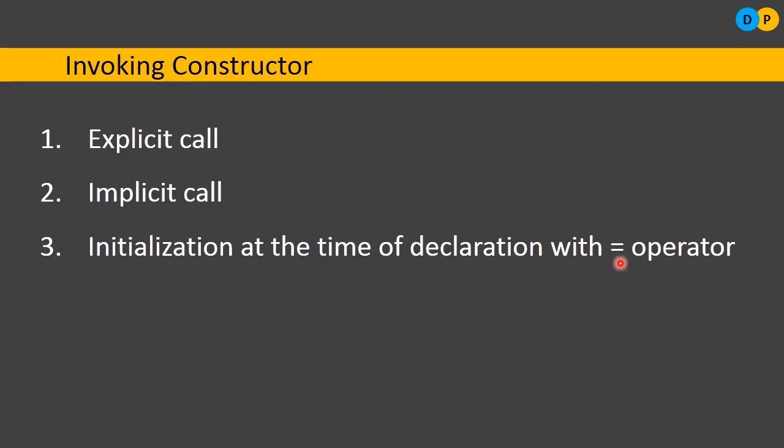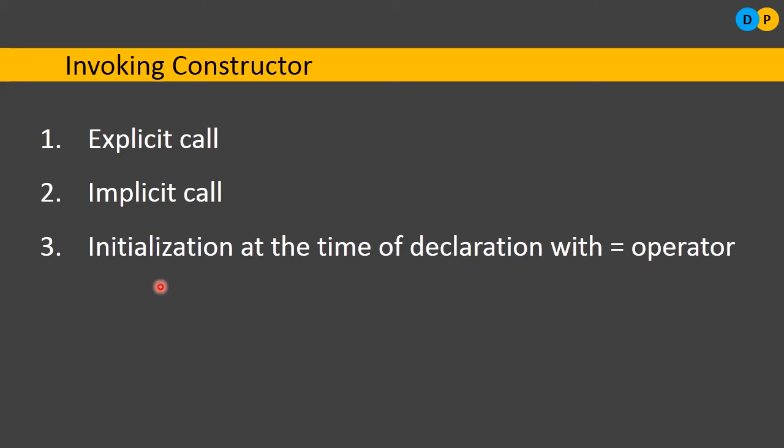Okay, so single equals is called as assignment operator. So by these three methods we can call a constructor. So in the program within the class we will be having constructor. So what is the theory actually till now? So far we know as soon as an object is created, constructor will be automatically called.